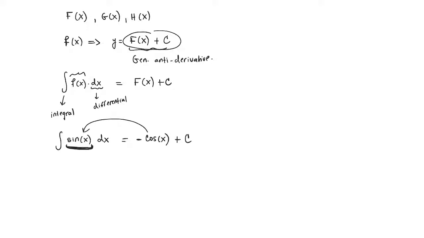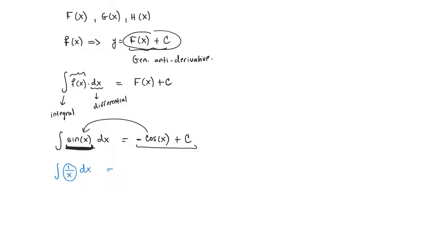This integral notation means that you have to find the general antiderivative of the little function that appears after the elongated s, after the integral notation. If, let's say, now you have the integral of 1 over x dx, you're going to look at the little function right here, 1 over x, and you know that what we're asking you to do is to find the general antiderivative of 1 over x.